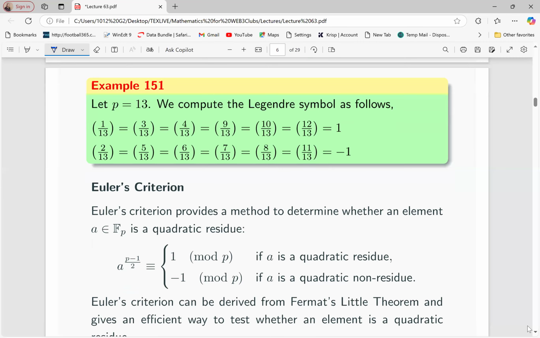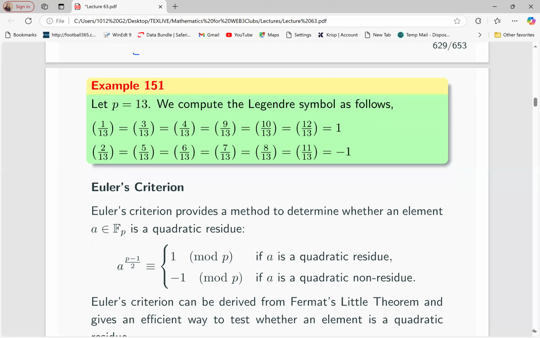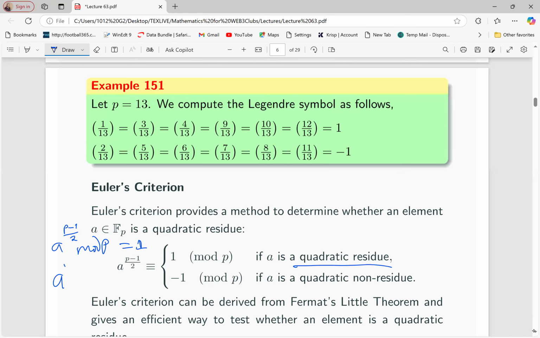It says that if you take a number A and raise it to P minus 1 divided by 2, and do it mod P, if the result is 1, then that number is a quadratic residue. And if you take the same number A and raise it to P minus 1 divided by 2, and do it mod P, and discover that the result is negative 1, then that number is a quadratic non-residue.